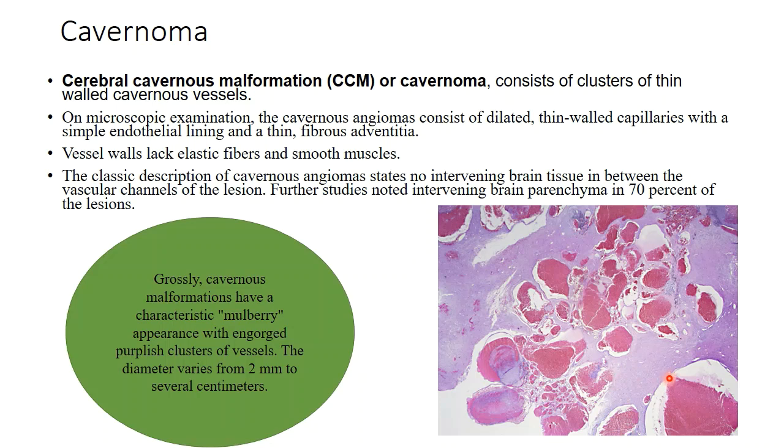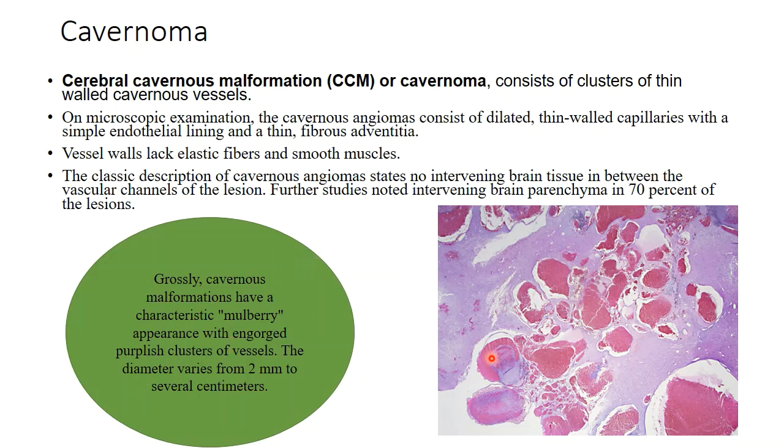Now, it was previously said that a cavernoma usually does not have any intervening brain tissue. But it has been found that about 70% of these cavernomas usually have an intervening brain parenchyma. So that must also be noted.